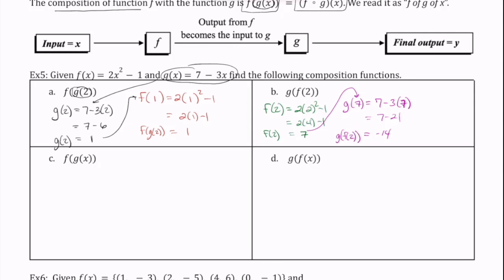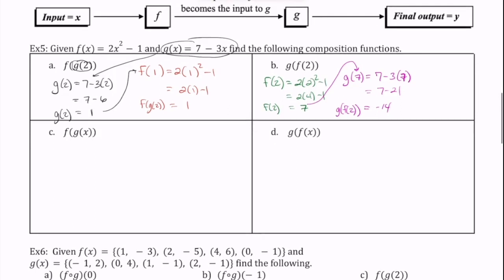All right, so you can do this with numbers, or you can do this with variables. So here's the variable piece. For any given x, I'm just going to take g of x and embed it into my function f of x. So f of g of x looks like this. I'm going to start with f, my bigger function.